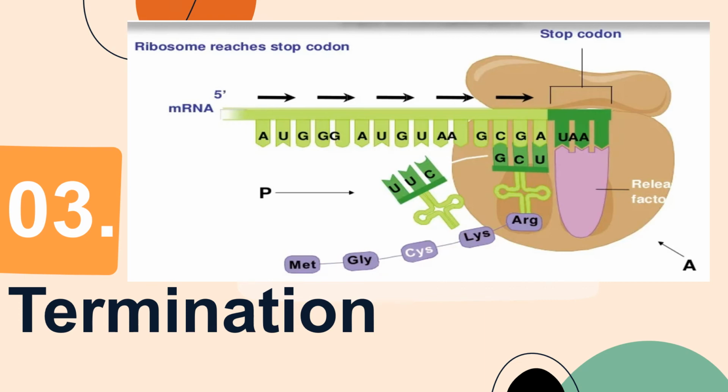Translation termination is triggered by special proteins called release factors that cause the ribosome to release the polypeptide and the mRNA. The polypeptide can then go on to fold into its appropriate shape.